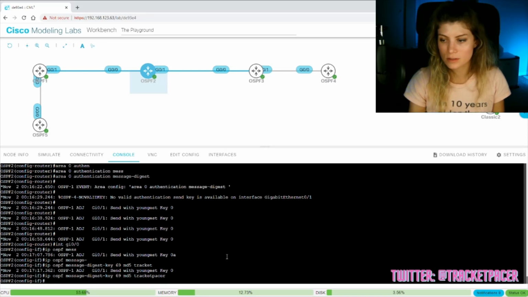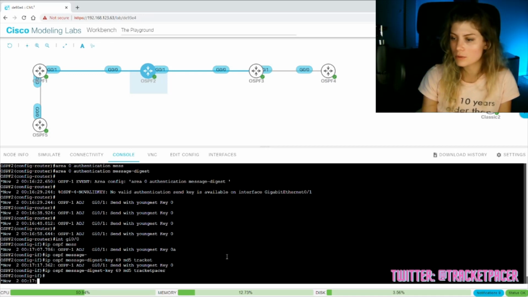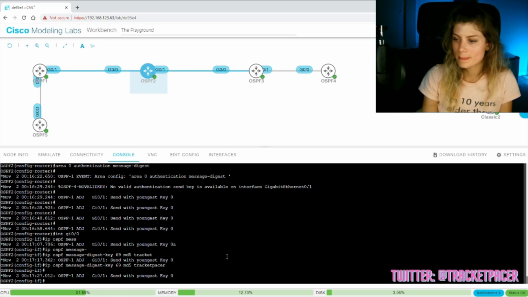Nice. Now what happens when I only have one interface in a neighborship? Why are you sending with key 0?